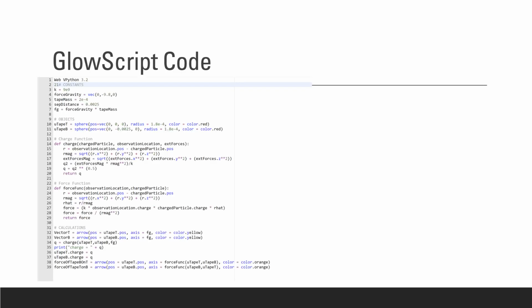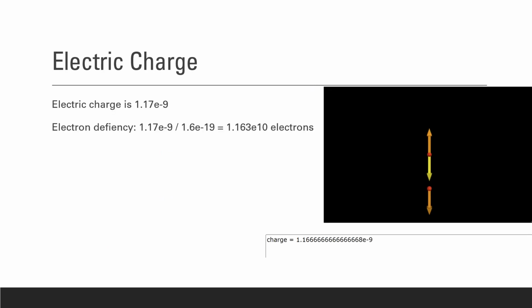So here's the code that I got from my GlowScript. I made each piece of tape its own particle, and then I made two functions, one to find the charge of the two particles, and one function to find the force. And then I applied those two functions, and from that we can find the electric charge.